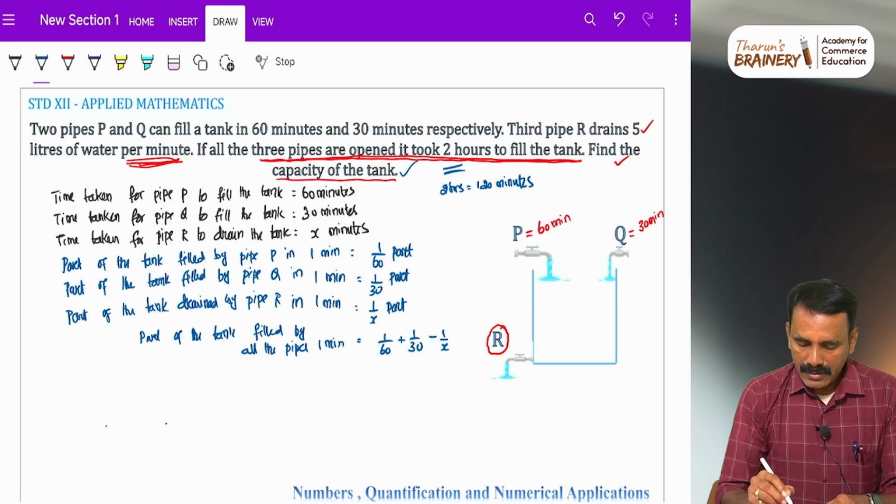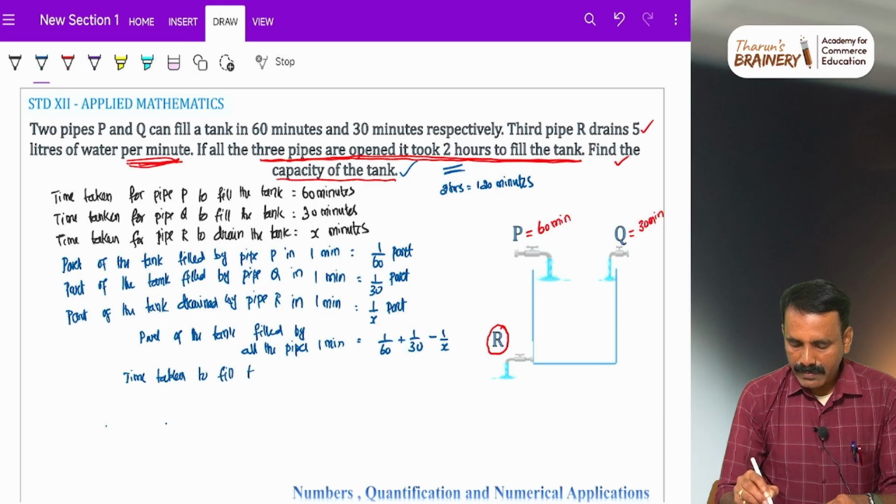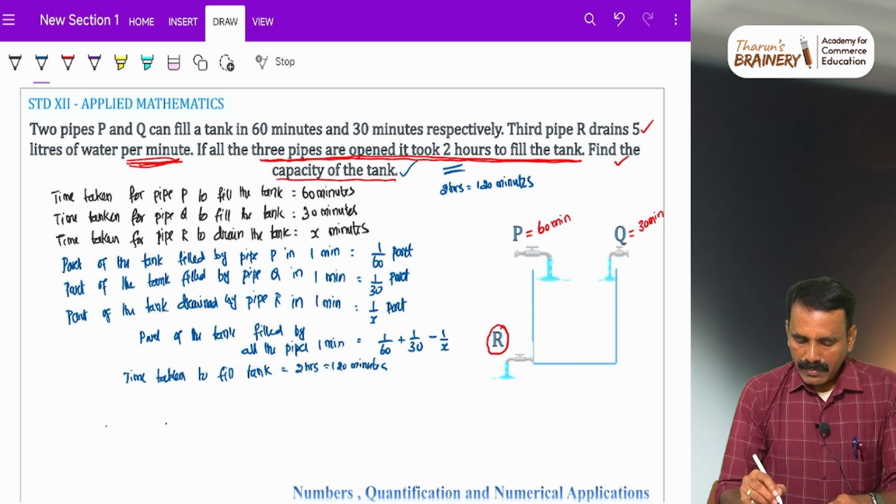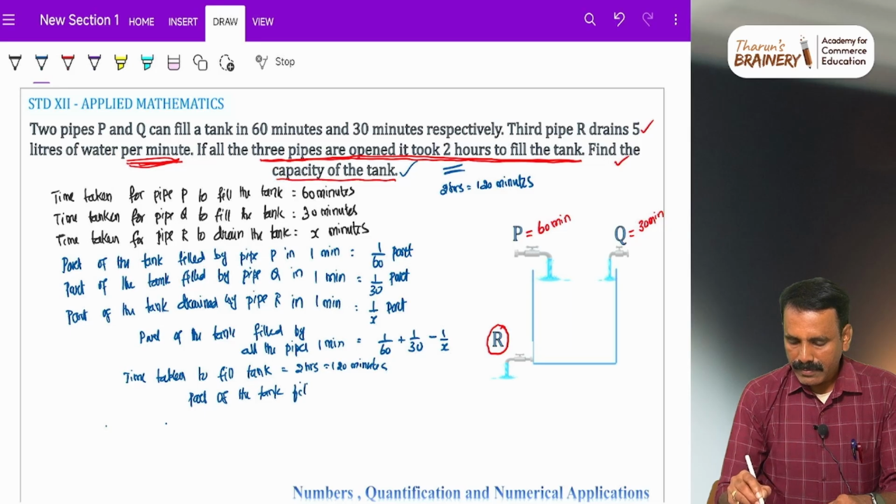Now time taken to fill the tank will be 2 hours, that is equal to 120 minutes. So part of the tank filled in 1 minute will be 1 by 120.